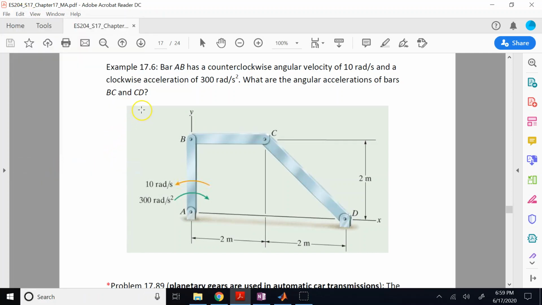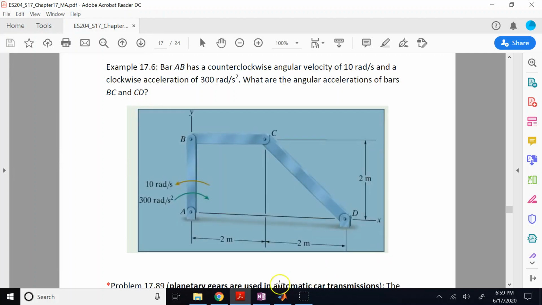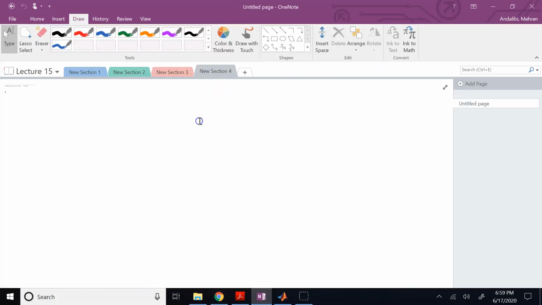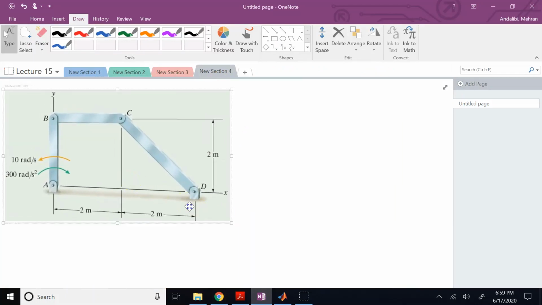So what we do, we're going to take a snapshot, then we are going to solve this problem like that.